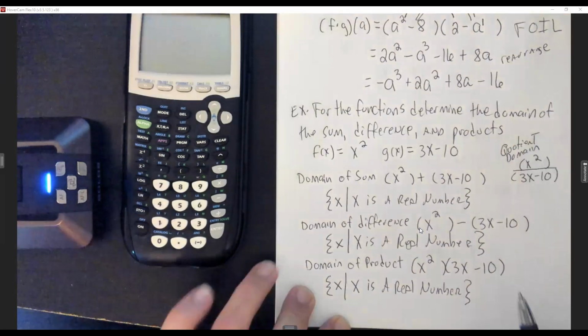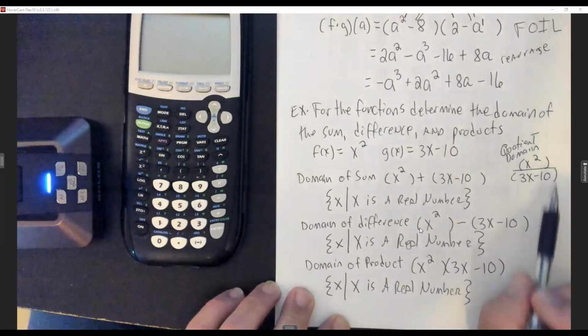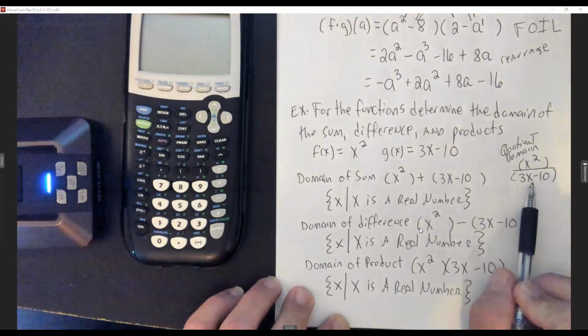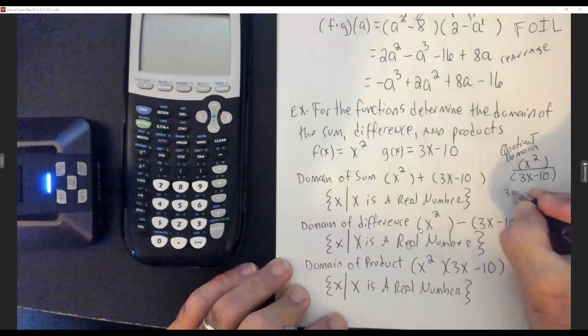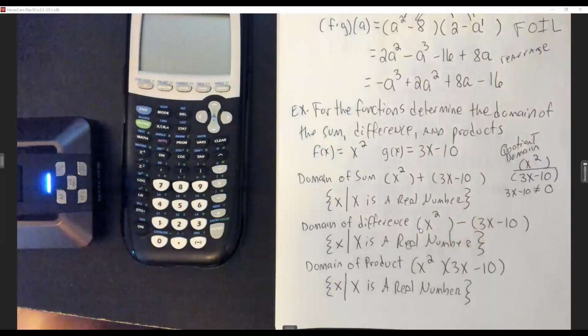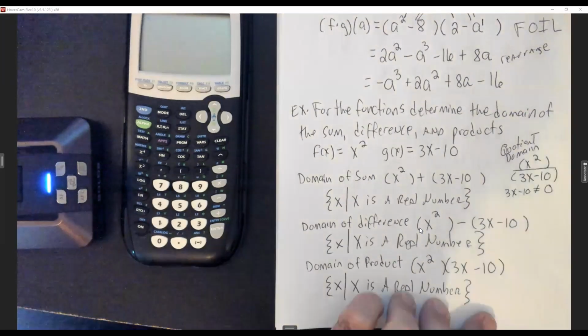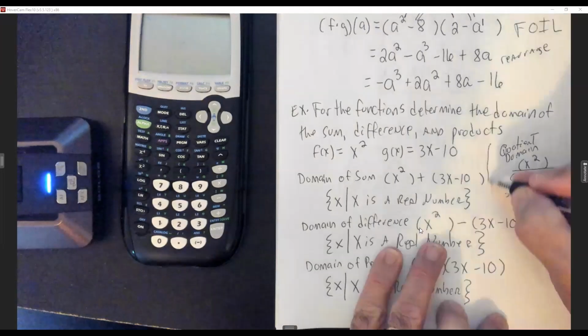Had they asked for the domain of the quotient, remember, I would have had to take the bottom and say 3x minus 10 cannot equal 0, and I would have had to solve that. Okay? So I'm just going to give you extra bonus on this and show you what we would have done if it was a quotient.